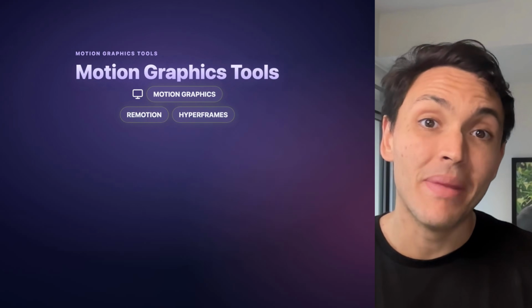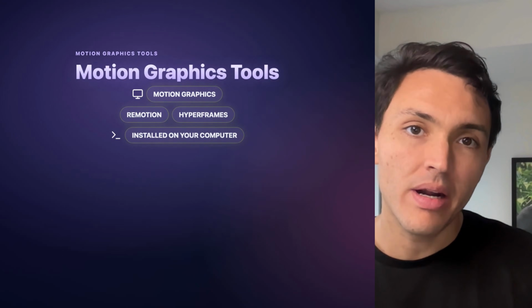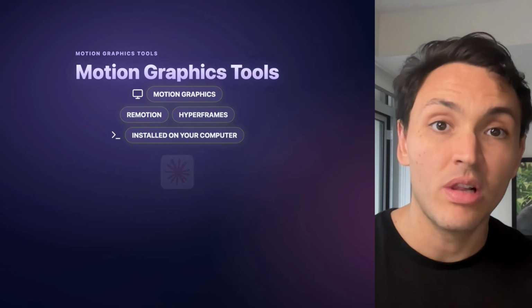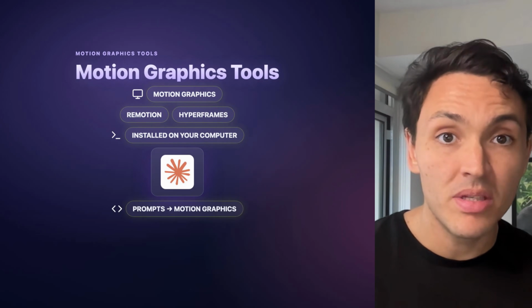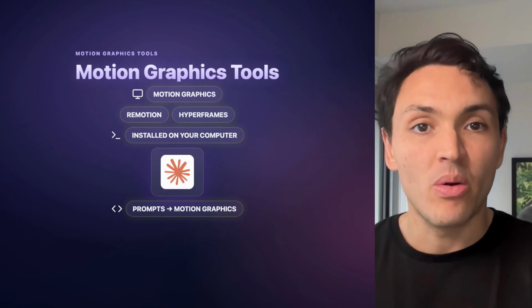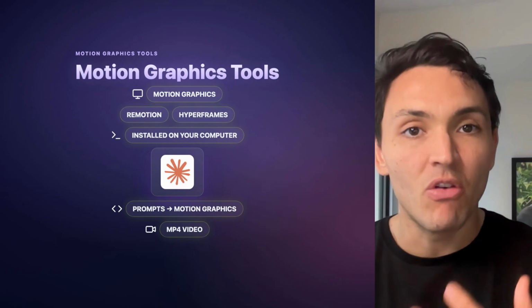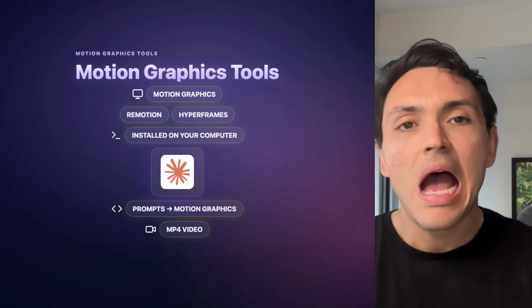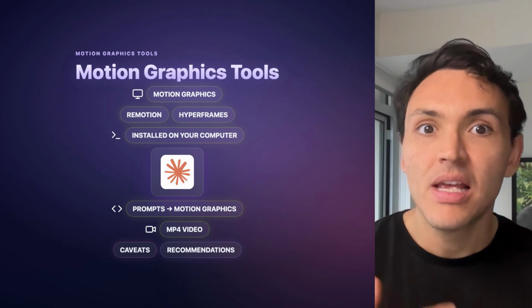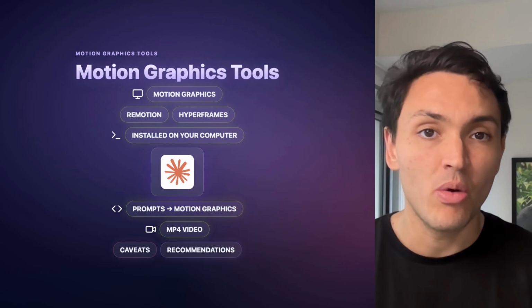So these tools can be installed in your computer and they can be accessed through Claude Code. So you can build prompts that create these motion graphics and they will return an MP4 video with the things that you want. However, I will give you some caveats and recommendations to use them correctly.